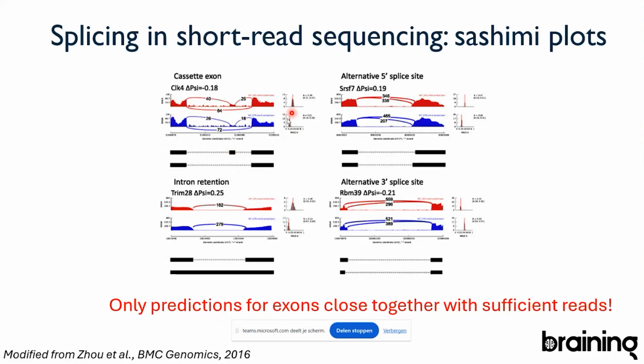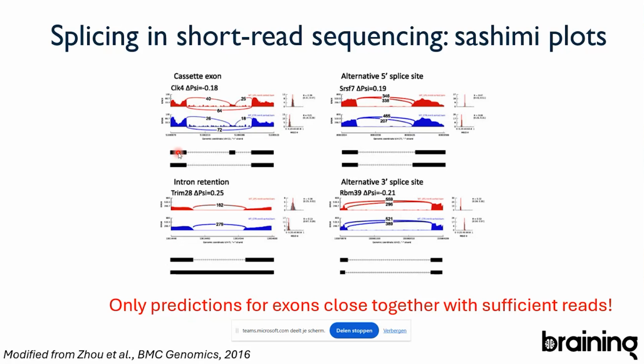However, I do not have any information whether exon 1 is present in the same molecule as exon 14, because with my limited amount of bases, my short fragment of 500 base pairs, I cannot find a junction between exon 1 and exon 14, right? So basically with short read sequencing, you can have information about exons that are next to each other, but you don't know what is happening with exons that are further away.